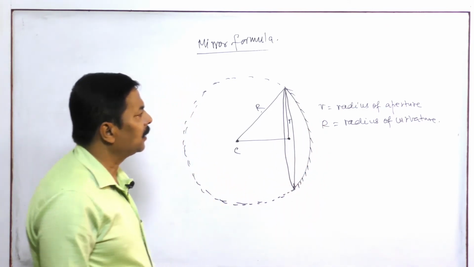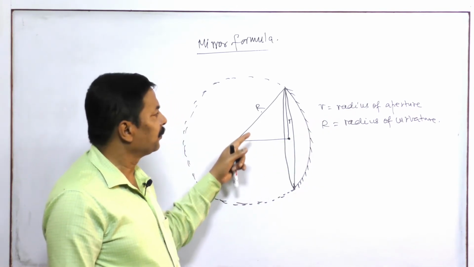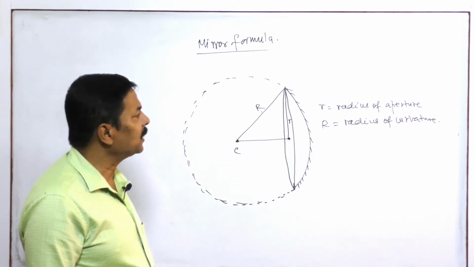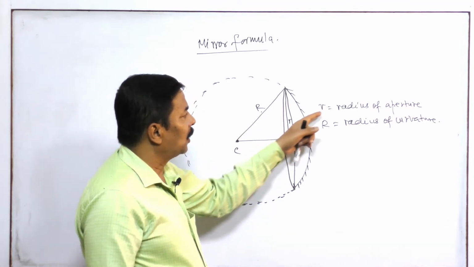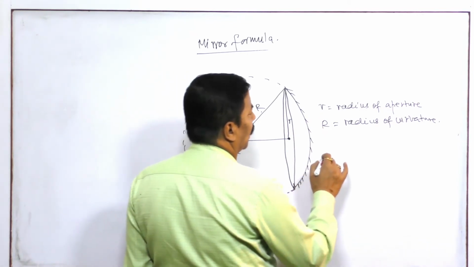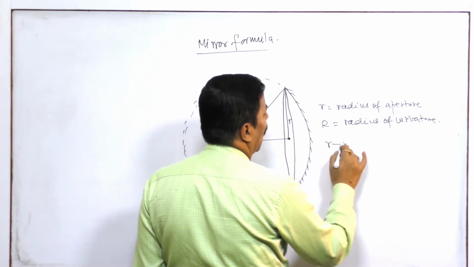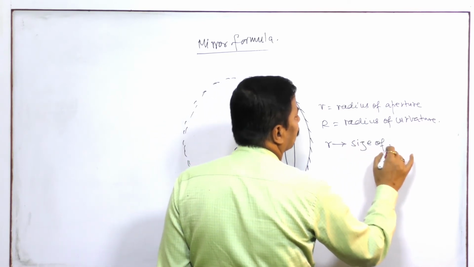A large radius of aperture means a big size mirror, and a small radius of aperture means a small size mirror. So the radius of aperture tells about the size of the mirror.